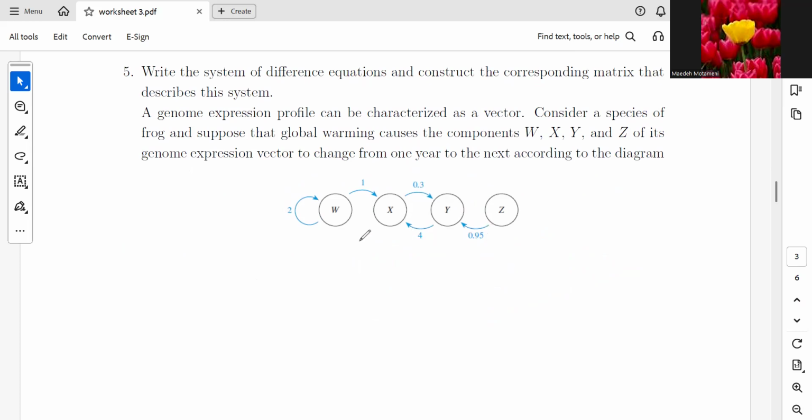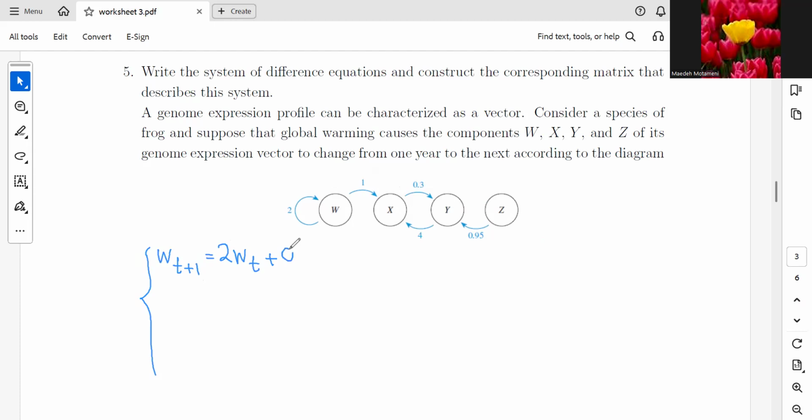From what we see here, we would write it in 4 different equations. For the first one, which will be about W sub t plus 1, the next step in time, will be only from 2 times W of t, the previous step. And there is no relationship between these two with x, y, and z.